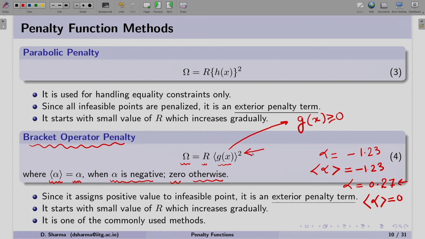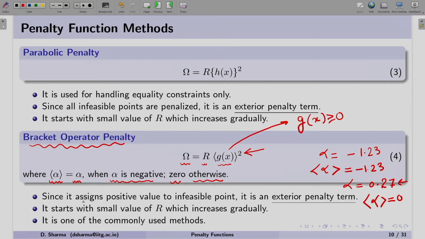Now as you can see in equation number 4, the square is also multiplied. It's only because, if alpha is negative, the bracket gives the same negative value, and we are solving a minimization problem in which we want to add a penalty to the objective function. So the square term will make this negative value positive, and we will be adding this penalty to the objective function value.